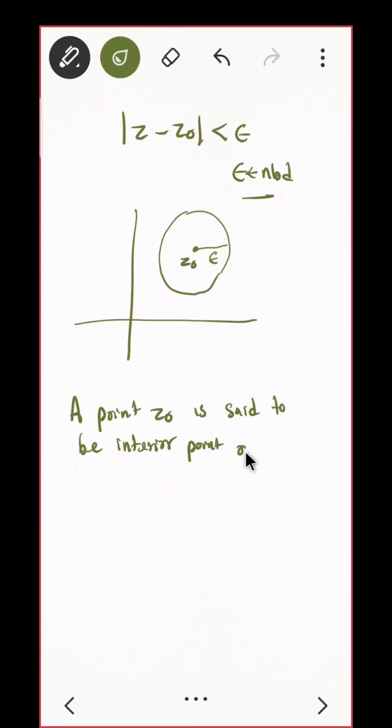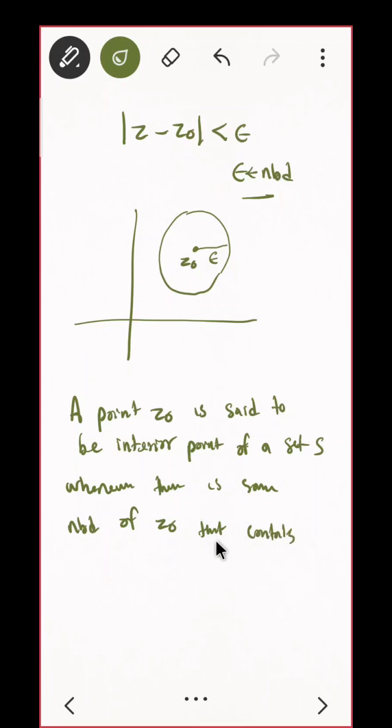Interior point of a set S, which I already told you in the last lecture I think, whenever there is some neighborhood of Z0 that contains only points of S. What do you mean by that?